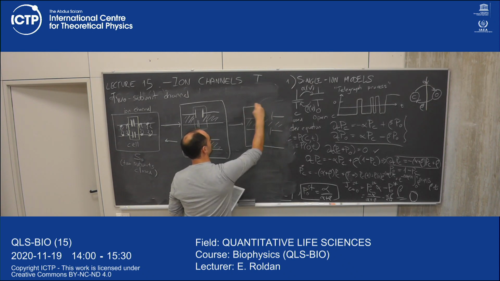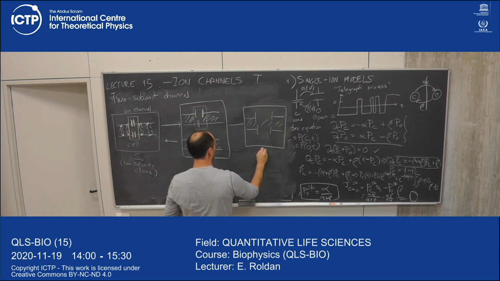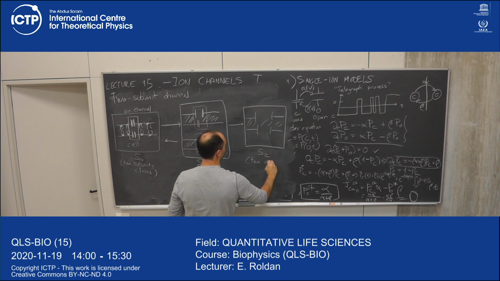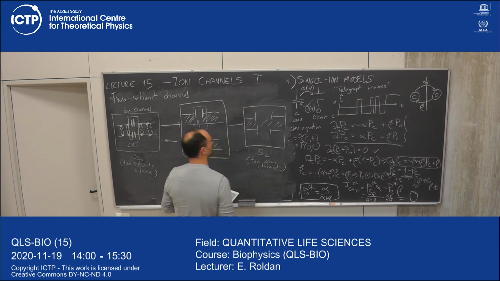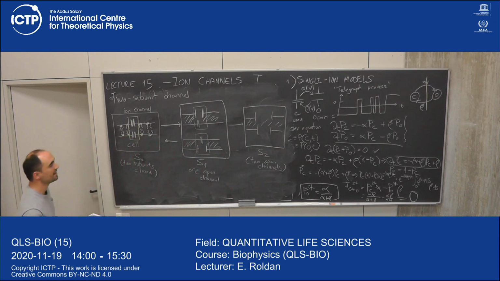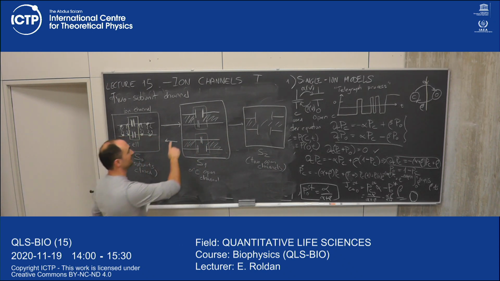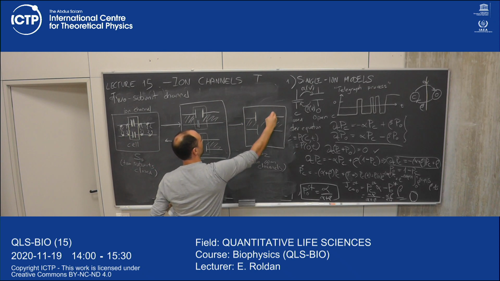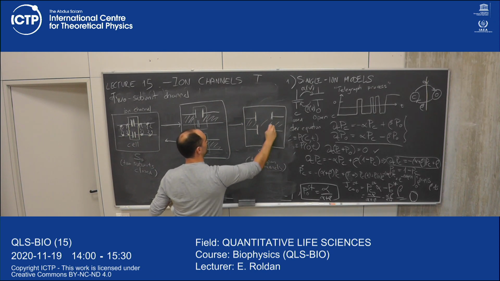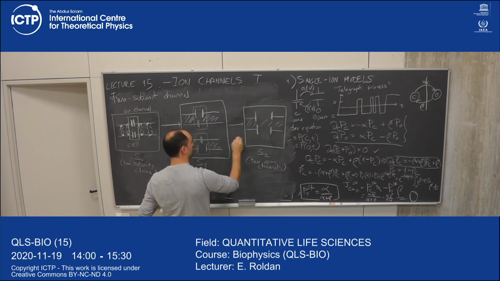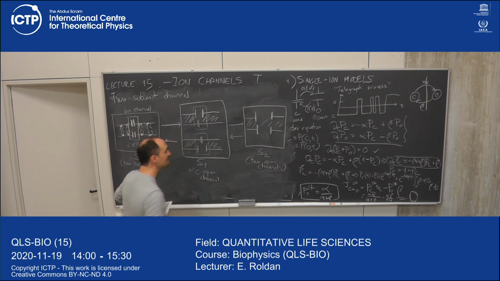This is the final state, which is S2, two open channels. Again, you can open one of the doors, and then because of a fluctuation, one of the doors closes. Now, the question is, what do I put in the rates?